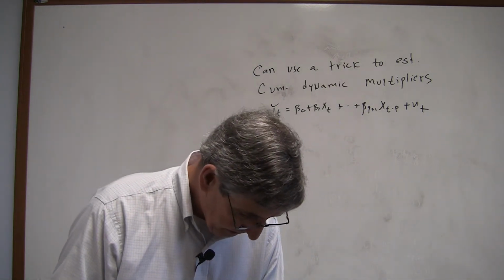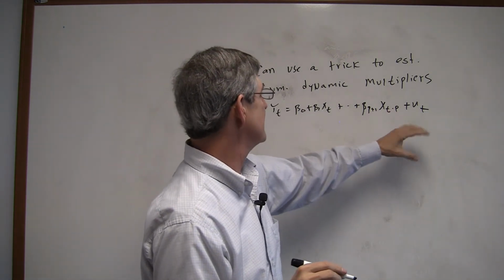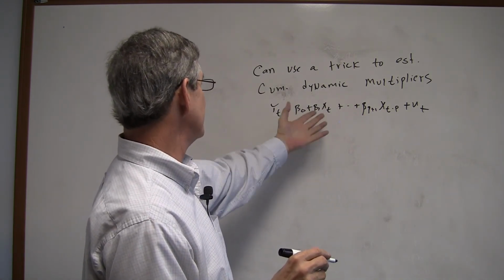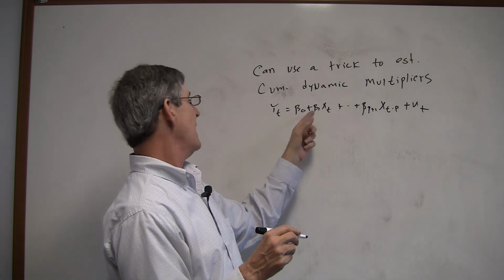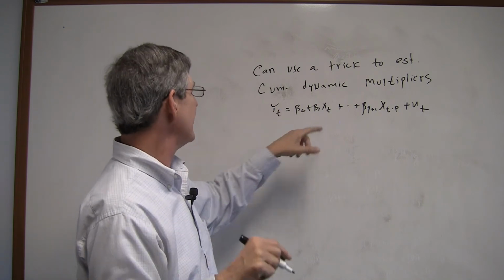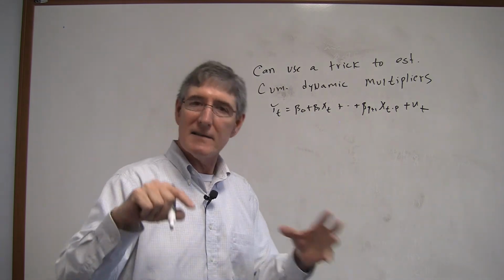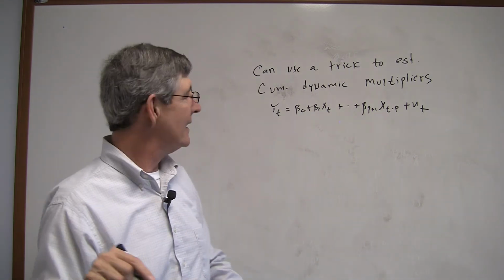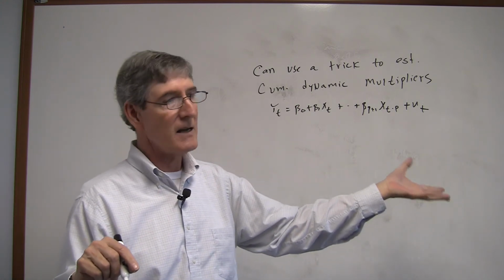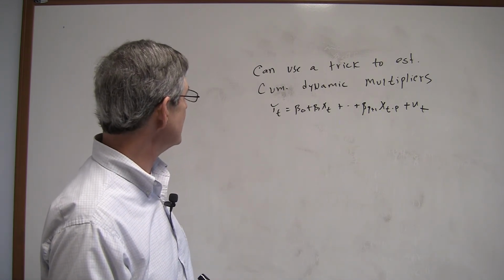If you estimate this and use HAC errors because you worry about autocorrelation, to get the multipliers, all you'd have to do is add another line to your code that adds these up: _b[x] plus _b[l.x], plus the next beta, _b[l2.x], and so on. Just add them up. So in the code, this would be fairly easy to do.